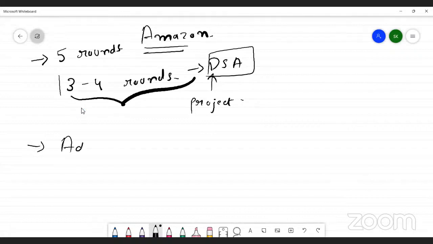Let's take Adobe. The same thing is happening in this particular company as well. And it's not like the DSA questions are very, very tough. You can't just say that if I want to try for Amazon, I should know graphs. No, it's not like that. In the very first interview, they just test your basic coding skills.